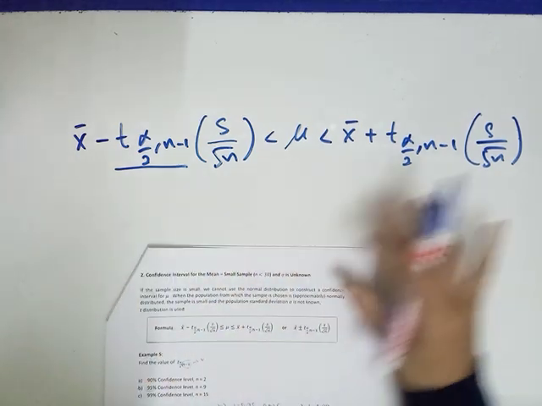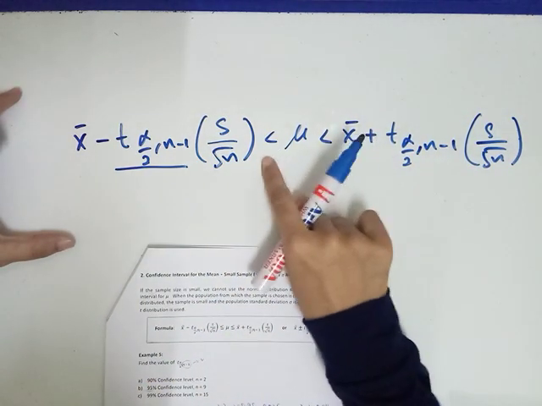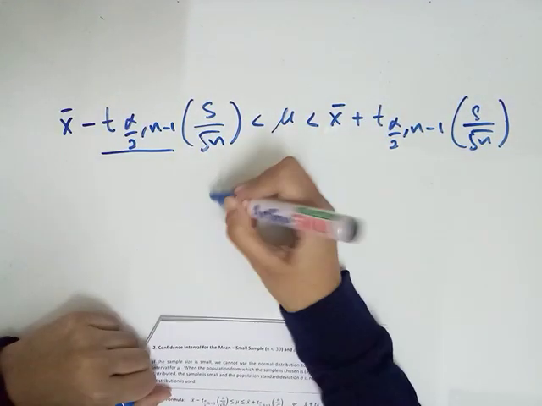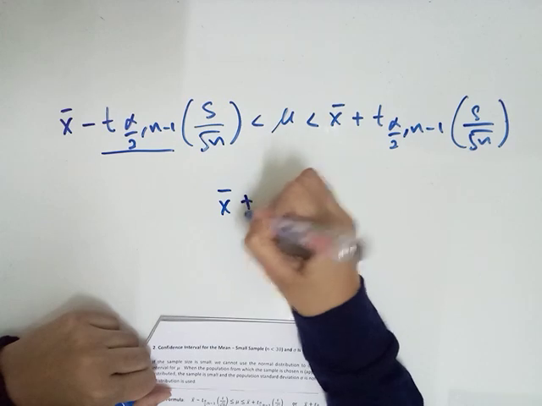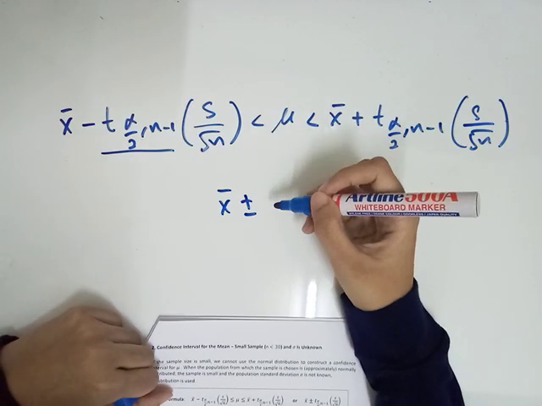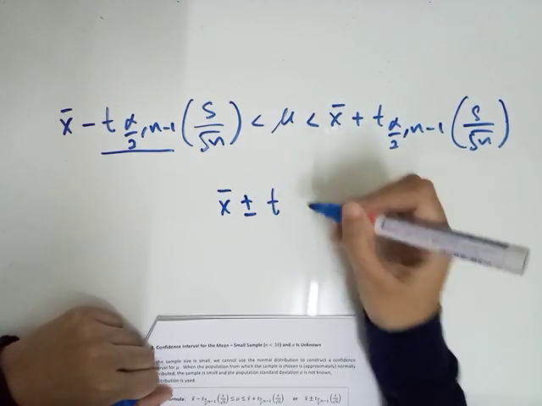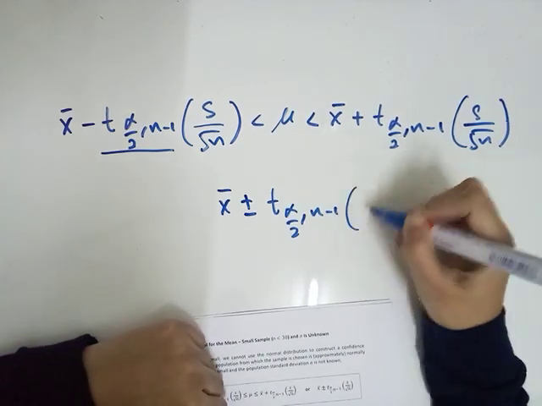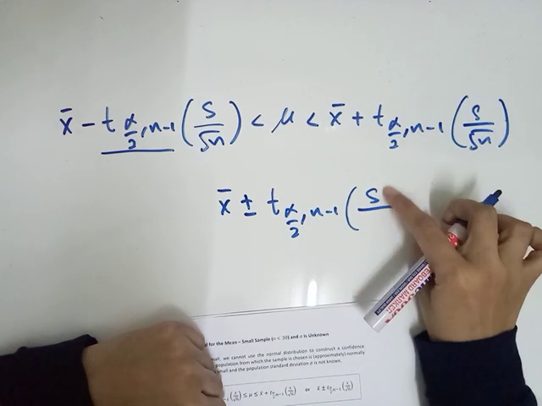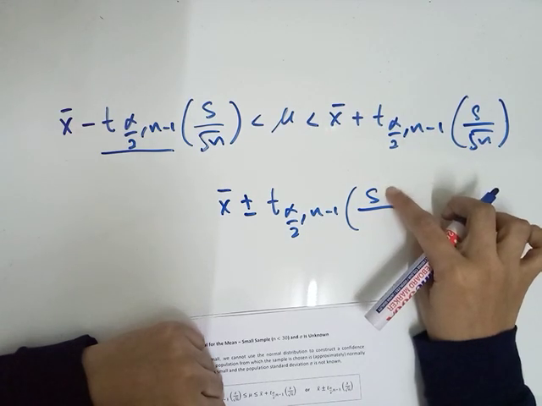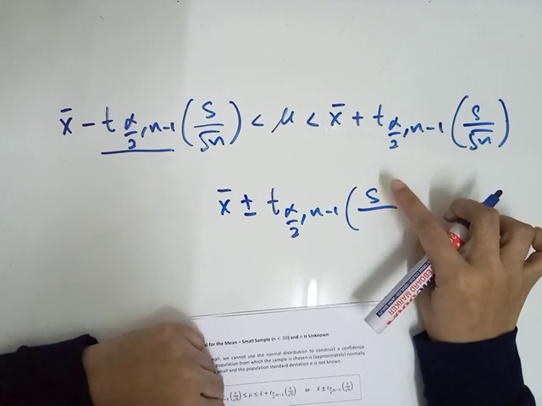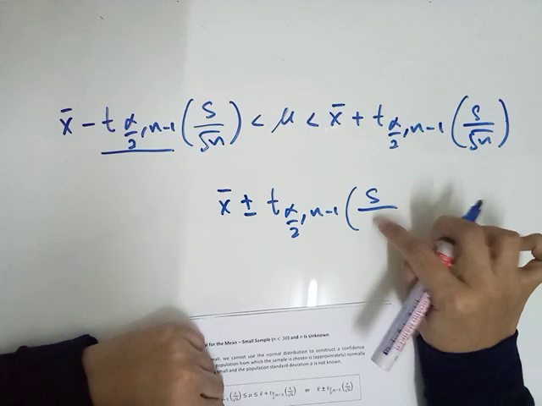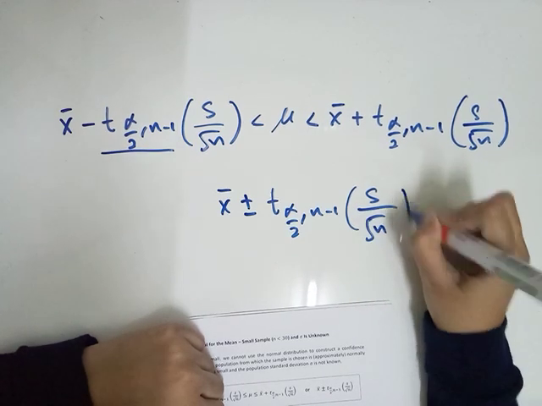So this is the range value for the population mean, and I make it short: x bar plus minus t alpha over 2, n minus 1, times the standard deviation of the samples. Population standard deviation is unknown, therefore we need to use the standard deviation of the samples with symbol s, divided by square root n.